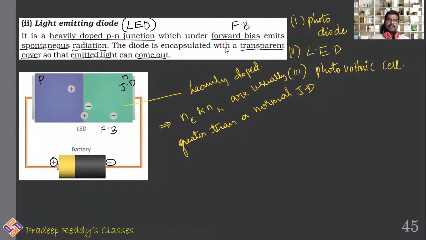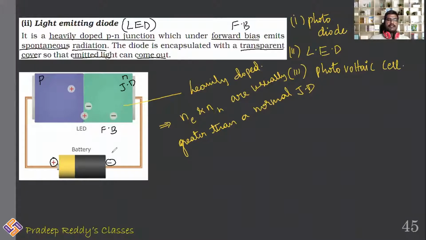Because this is heavily doped compared to the usual junction diode, the number of electrons and holes, that means both minority charge carriers and majority charge carriers, will be slightly increased in number compared to the usual junction diode in case of LED. So you should dope it heavily. As a result, minority charge carriers increase and majority charge carriers also increase. And such a heavily doped junction diode is connected in forward bias.